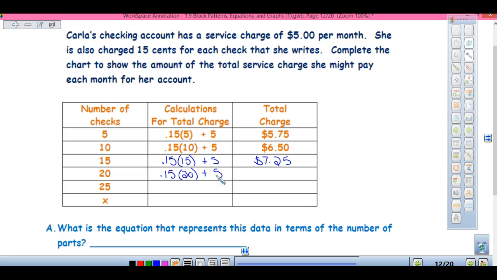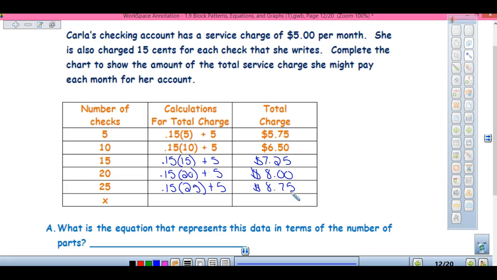Plus my $5 service fee brings me to $8. Okay, and then we got to do 25. 15 cents times 25 checks. It's $3.75 plus my $5. $8.75.